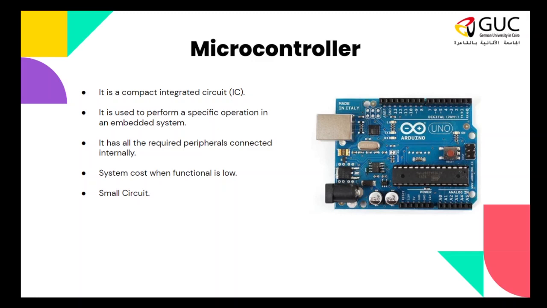So the circuit is actually small compared to the circuit of the microprocessor on its own. Plus, this also indicates that the system cost is low because we buy one thing and it is functional right away. We don't need any external components for it to be working.